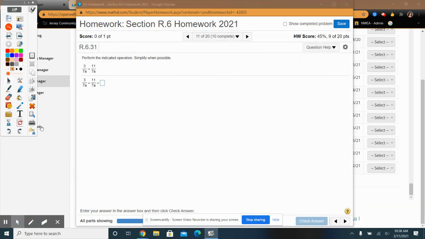Okay, so now about addition. You have done addition before. It's been a long time. And the rule with addition is you have to have a common denominator. Good news, you do have one right here, right? So there's a 7a in common. So you can just add the tops and the bottom stays the same.